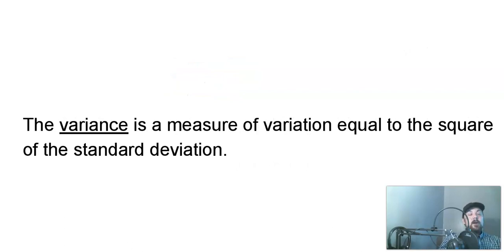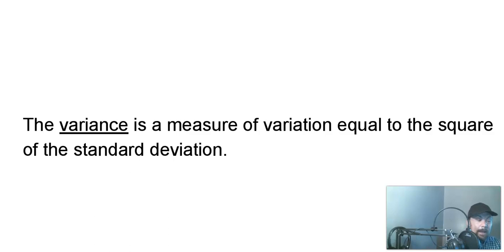There is one other measure of variation that we've already done. So you might say, we've got to go through one more exercise like that. No, we don't. Variance is actually part of the calculation for the standard deviation. It's the number that you get before you take the square root. That's all the variance is. It's actually a better measure of variation, but remember the issue was the units were mismatched from the units of the original data set, which makes it difficult to use.